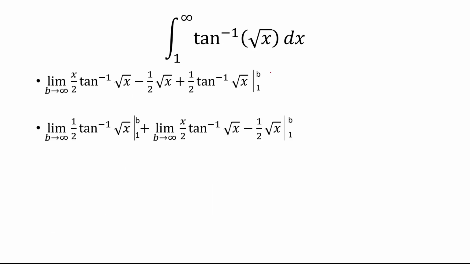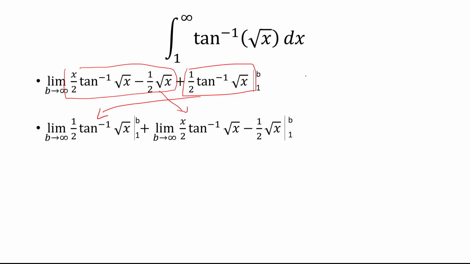So first let's plug in b. Before we plug in b, we separate this into 2 separate limits. So this is going to be the limit over here, and then this guy will be the limit over here. The reason I broke it up is because I can easily find the limit of 1/2 inverse tangent root x.